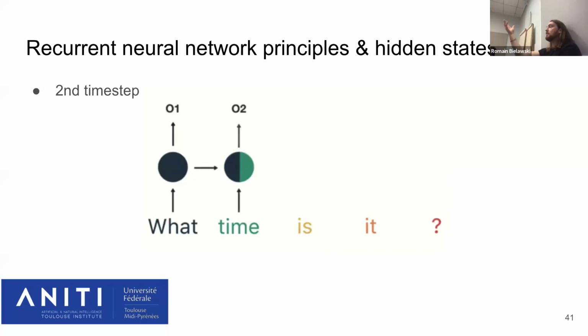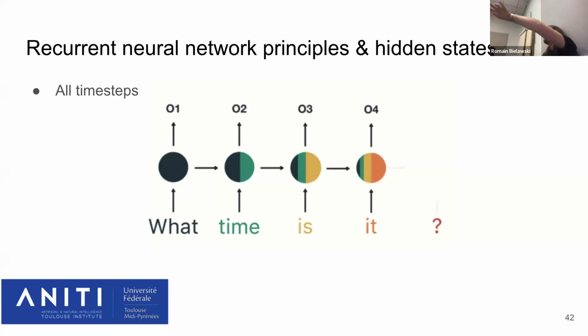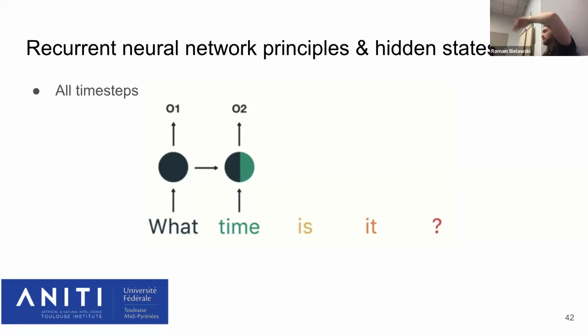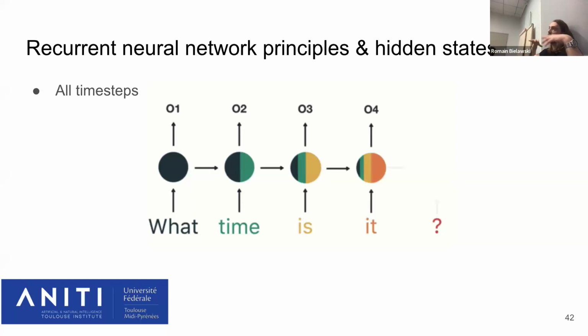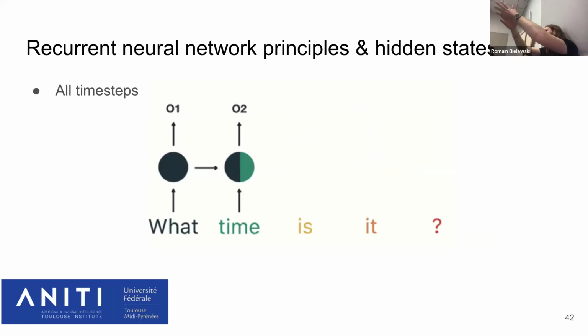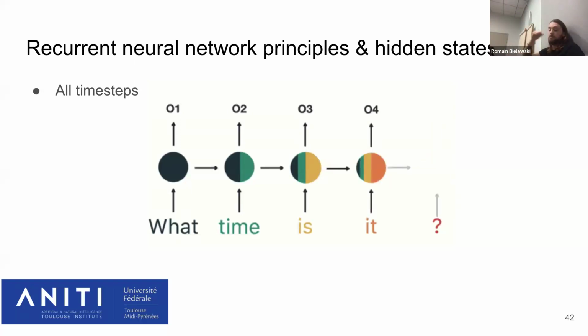So it's going to create a new vector. It's a black box for now, right? It creates a vector that assembles in its own way the previous hidden state and the vector for the word "time", and then passes it on to the third step. The third step is the same network receiving a different hidden state that incorporates the two previous words, and also a new word.